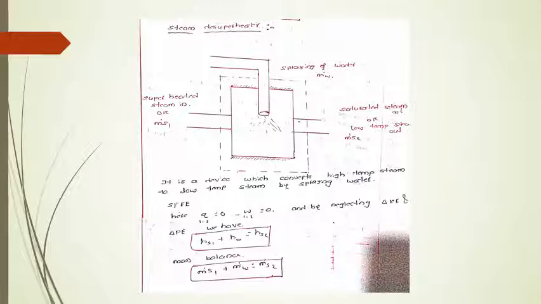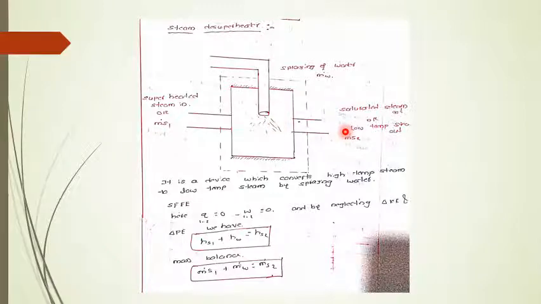The diagram you can observe here is a typical diagram for a desuperheater. Superheated steam enters here and saturated steam exits here because it is low temperature steam. So superheated steam enters and we spray some water on it, then the superheated steam becomes saturated steam, or its degree of superheat will be reduced.